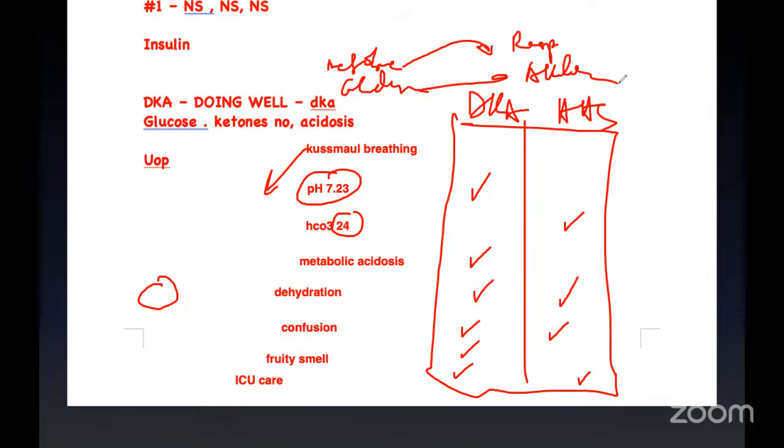What is respiratory alkalosis? You breathe fast. So deep, rapid breathing is Kussmaul breathing, and it's just adaptation. And therefore, this is DKA.